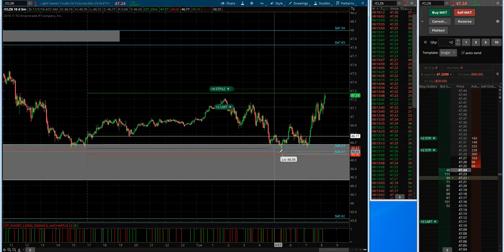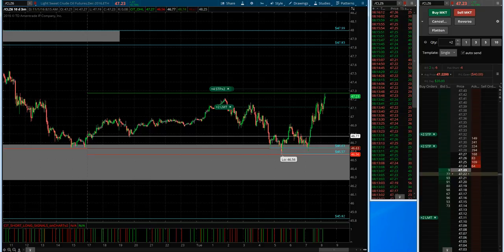That's no magic, just because on the daily there's an area for support resistance there. If you watch my previous video, you'll see why I highlighted this area.